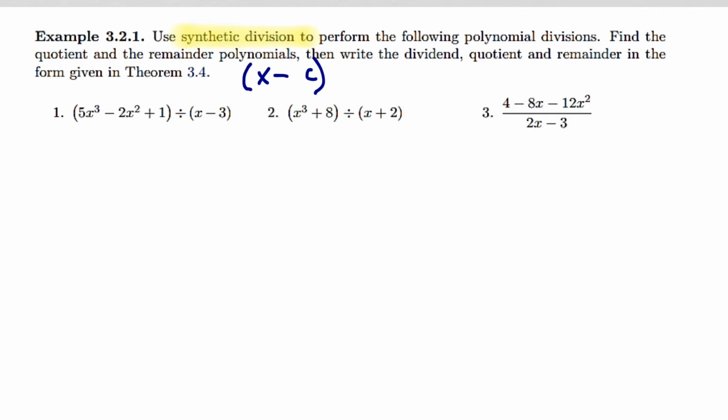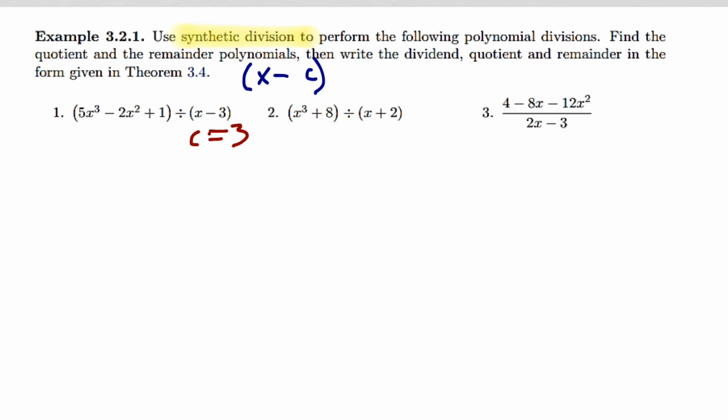Okay, so we can see in example number 1 that this is x minus c, so that tells me that c must be 3 for this particular problem number 1. And our divisor is of the form x minus c, so we can use the algorithm called synthetic division.